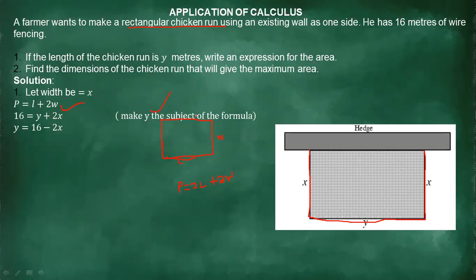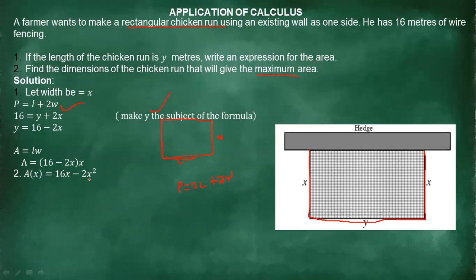The question says you should write an expression for the area. So you write the area, length times breadth. Then you substitute the length, which is 16 minus 2x, times x. Then they ask to find the dimension of the chicken run that will give the maximum area.